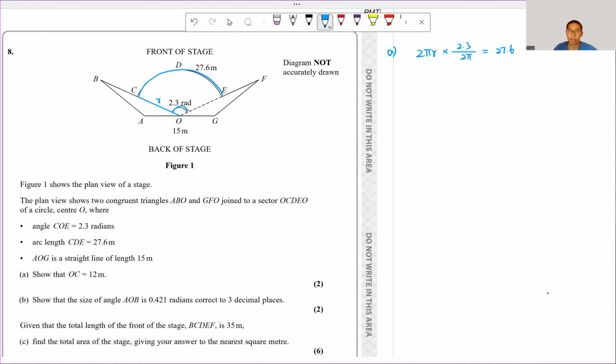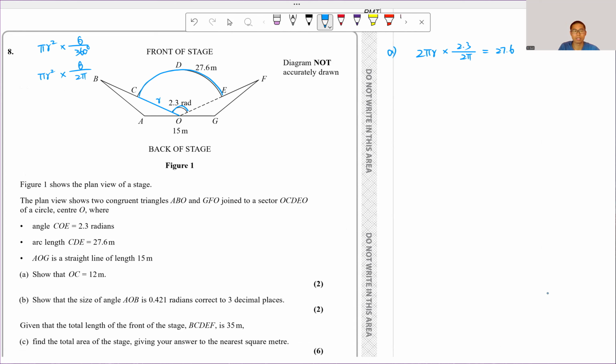You can use the formula from the formula booklet, but what I normally do is just use the same thing as what we learned in GCSE. So to work out the area, we do pi r squared, and if it's a sector, you multiply by theta over 360 degrees, if the units are in degrees. And if the units are in radians, I just multiply by theta over 2 pi.